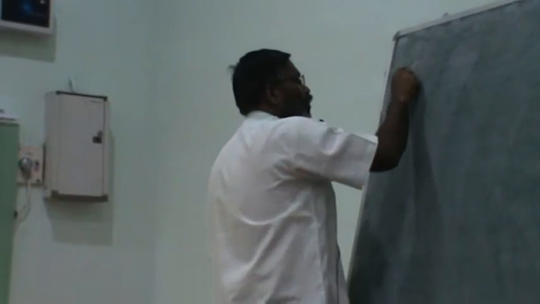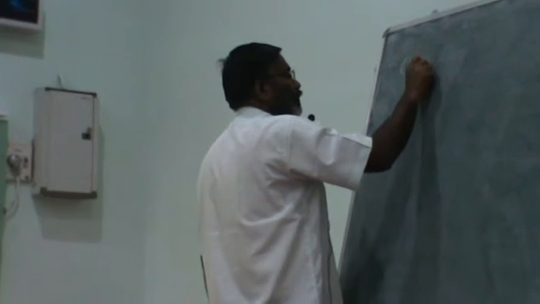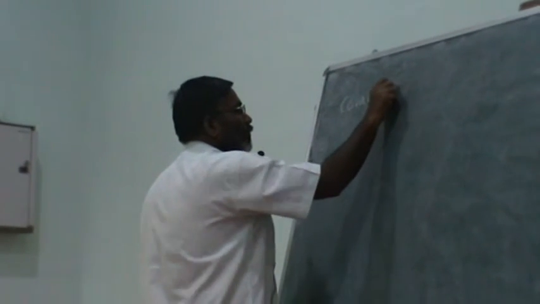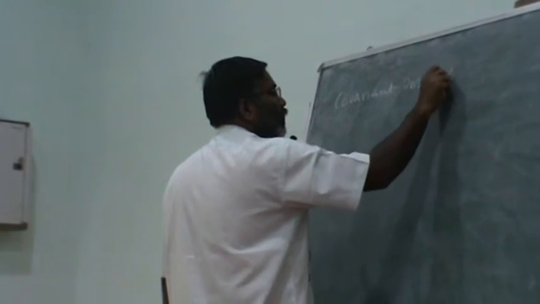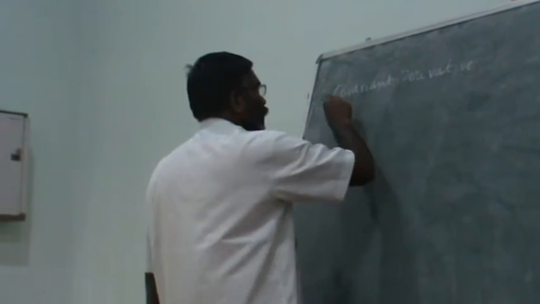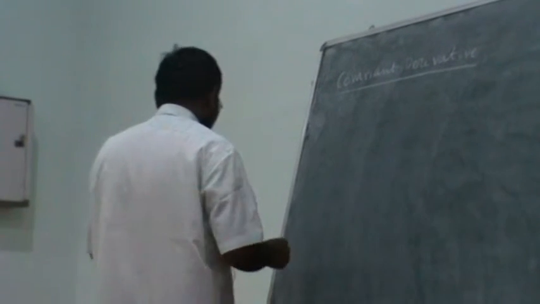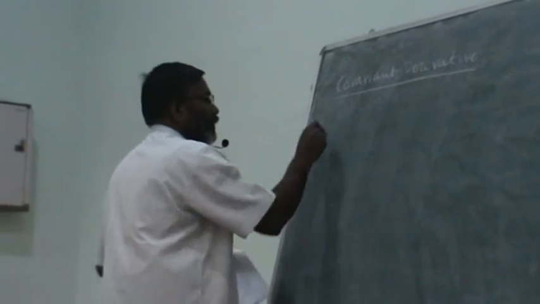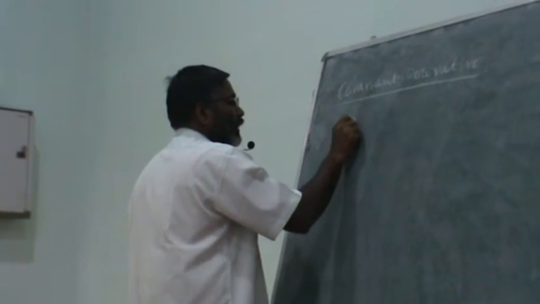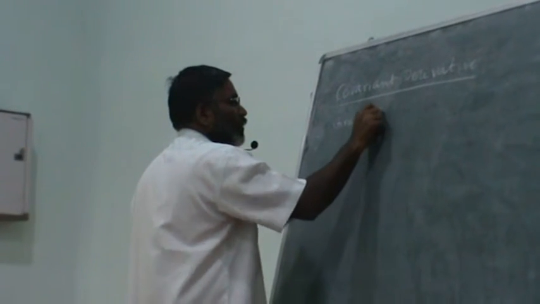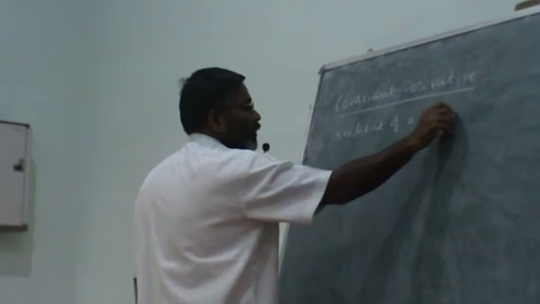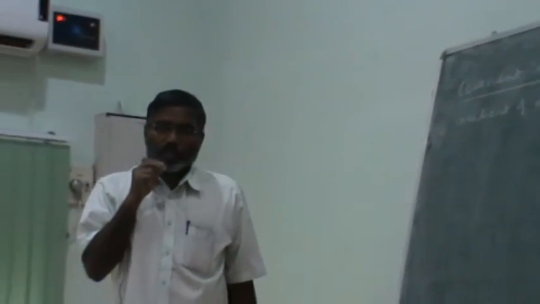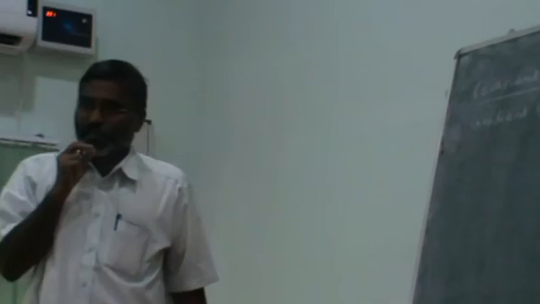This is called the covariant derivative. Essentially, this is defined as the gradient of a vector. Normally, we know that gradient is defined for a scalar, right? But this is the gradient of a vector.